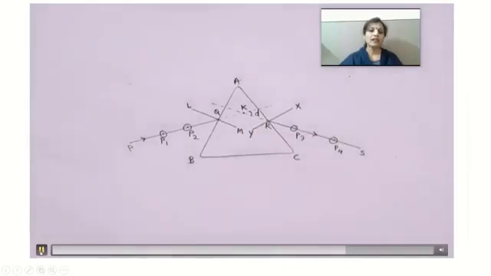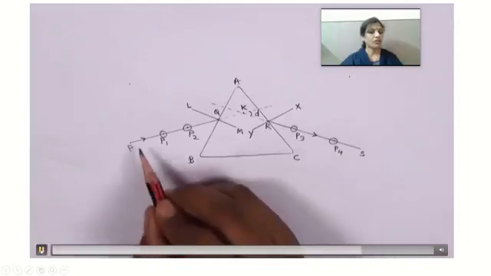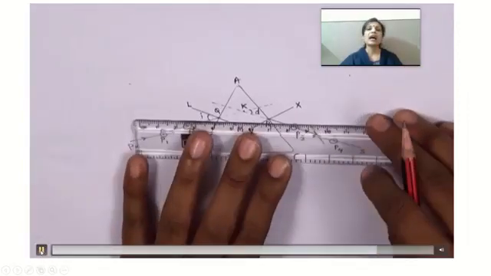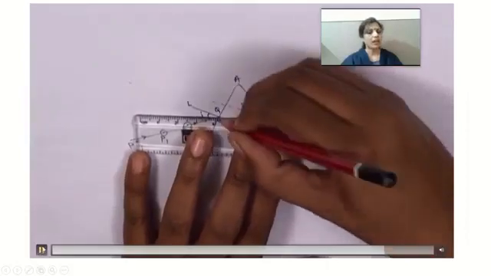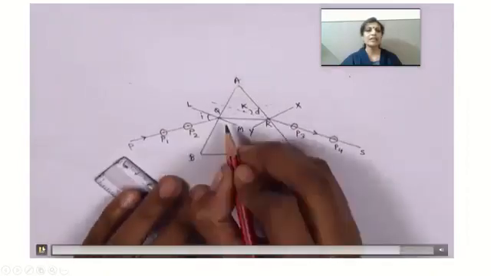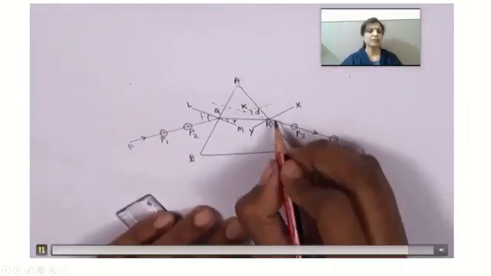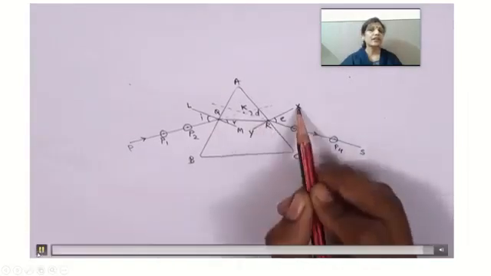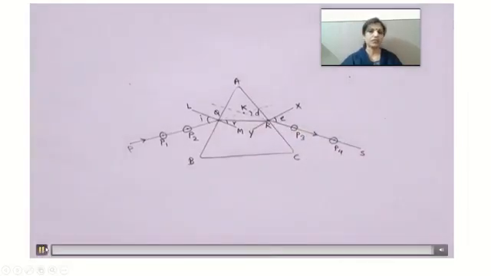Now the angle which is formed by the incident ray with the normal is the angle of incidence, and that is angle PQL, and angle MQR is the angle of refraction. Then angle SRX is the angle of emergence.